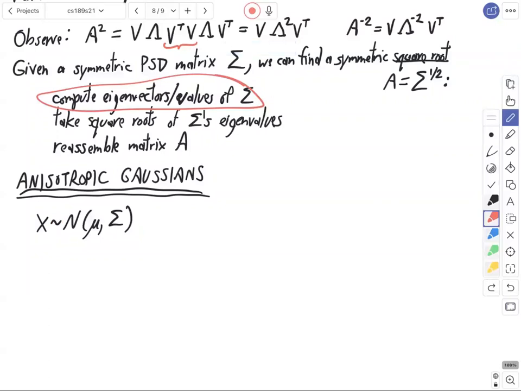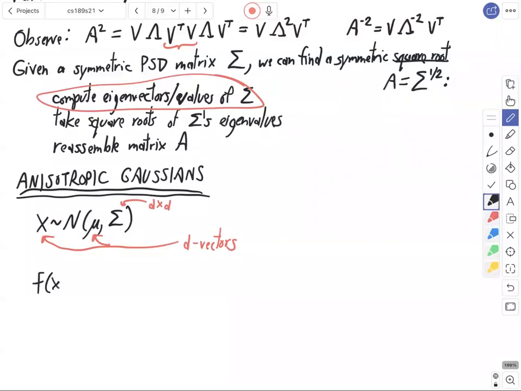So here x and mu are d vectors, and X is a random variable with mean mu. Sigma, in d-dimensional feature space, is a d by d matrix.